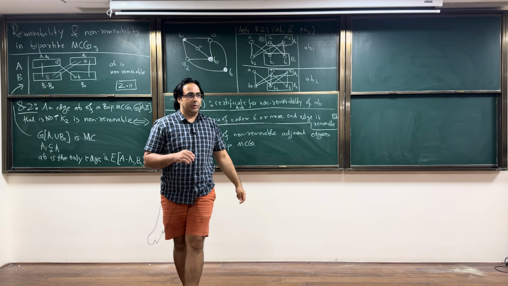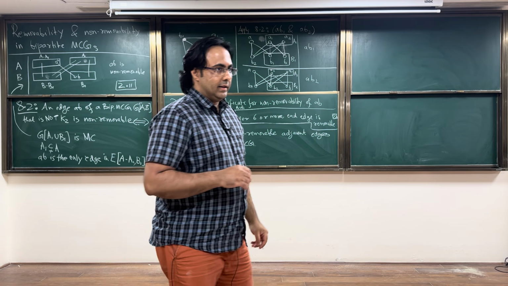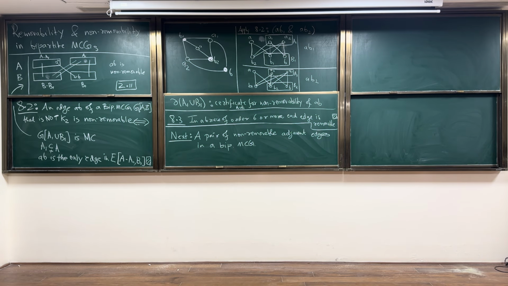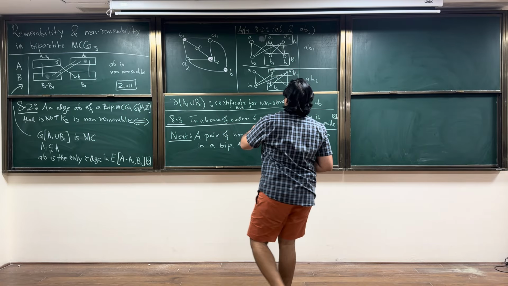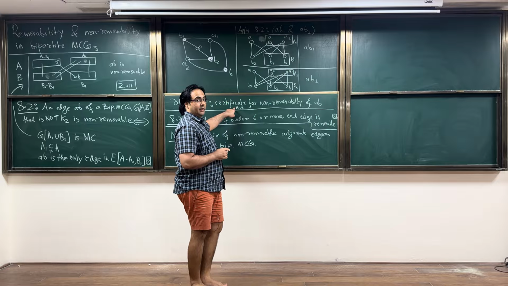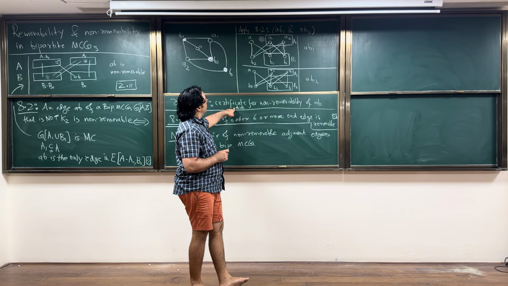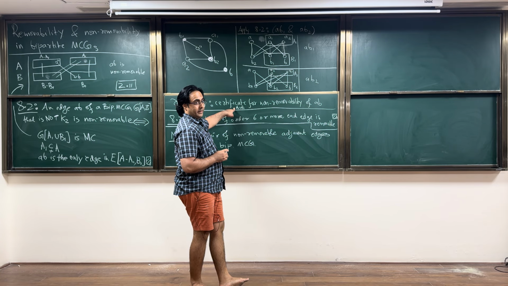These are two possible drawings I can get by applying the lemma. I'm not claiming this is the only way, but this is one way. Observe that the certificates, I'm referring to these sets A1 union B1 and A2 union B2, are not actually disjoint in this case.